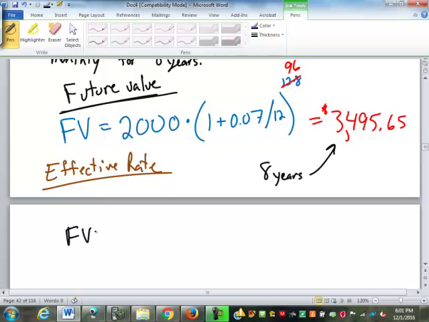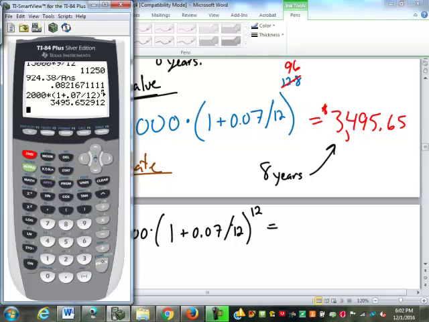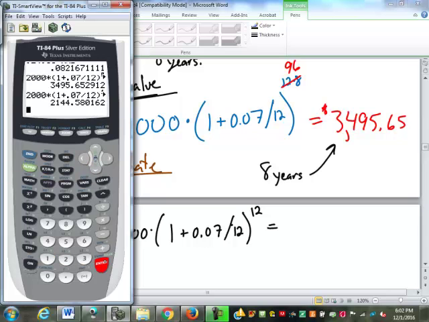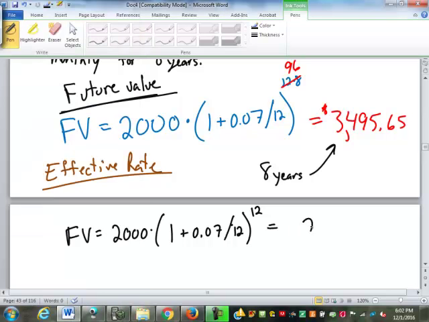So we have to find a new future value. 2,000 times 1 plus 0.07 divided by 12 to the power of 12. Which is 2144.58. That's the future value we have to use. Give you guys a minute or so to go through it.